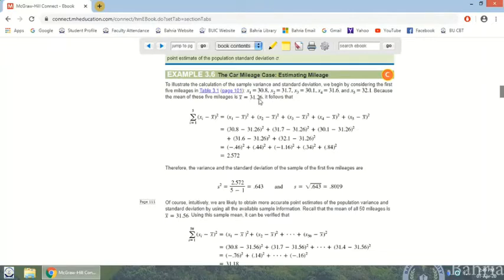Since the mean here is 31.26, and just simply calculate from the calculator, then you can subtract every value from this. So you can have 30.8 minus 31.26, and you can just square this. And similarly, you can square 31.7 minus 31.26, and then 30.1 minus 31.26, and then 32.1 minus 31.26.